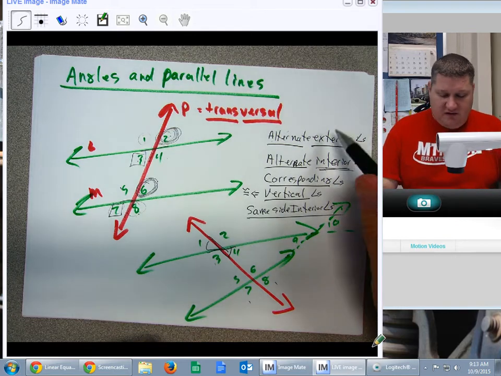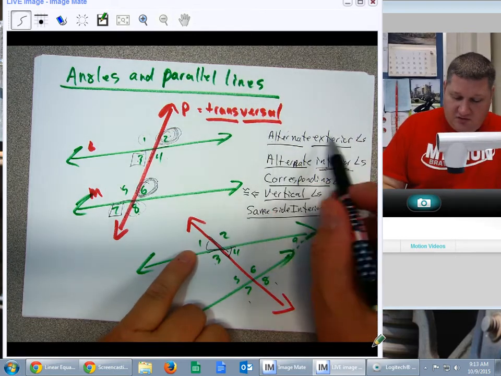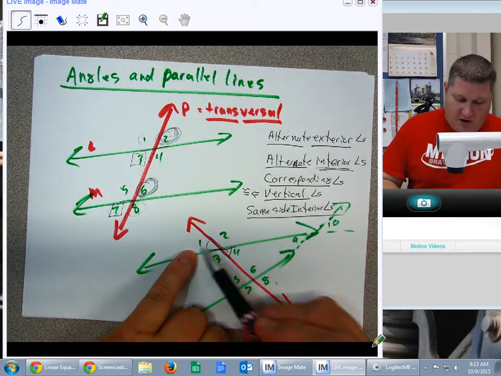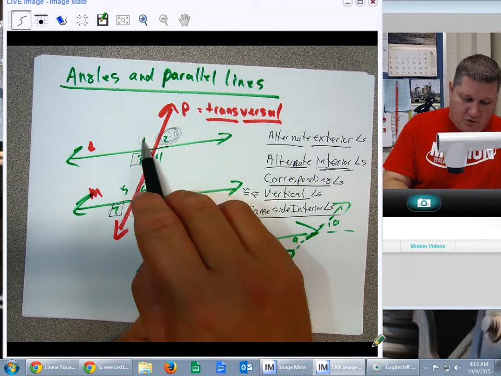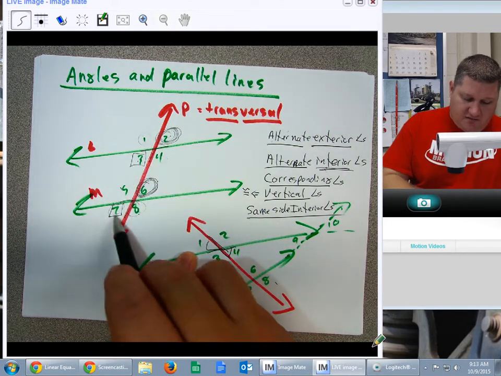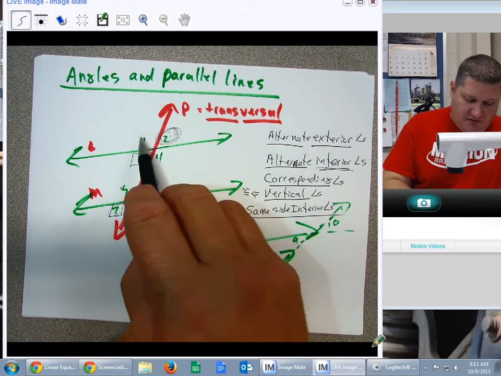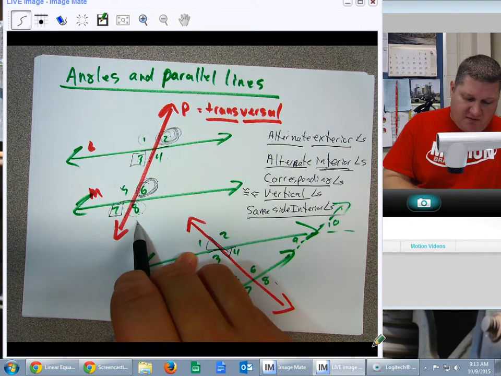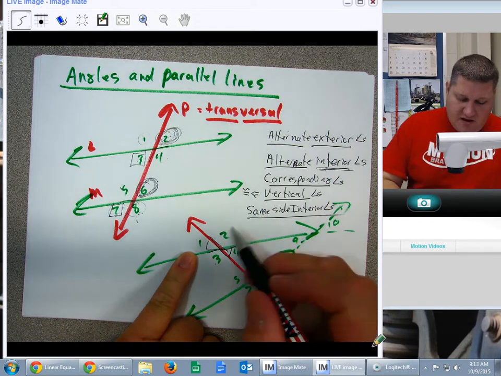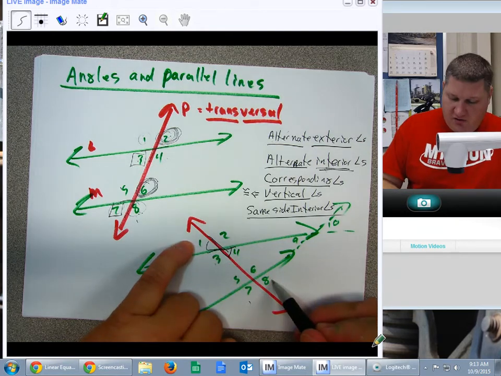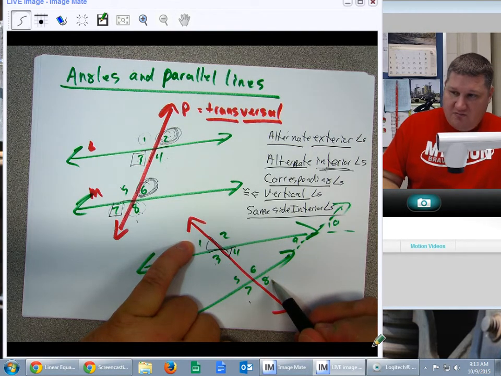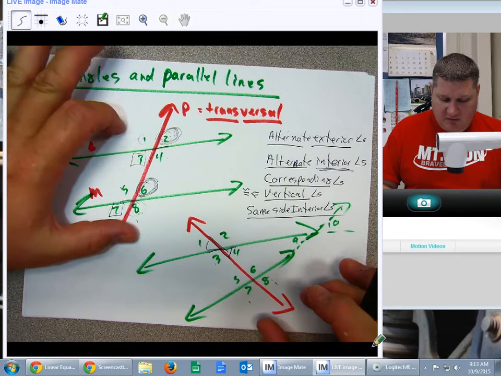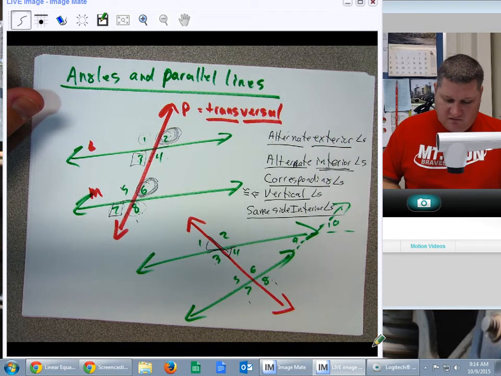The difference is, in our case, alternate exterior, so opposite sides, 1 and 8 would be alternate exterior angles. Here, 1 and 8 are still alternate exterior angles. But we'll talk about the difference between parallel and not parallel in just a second.